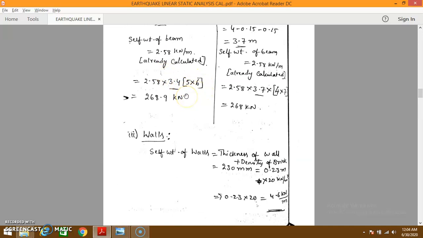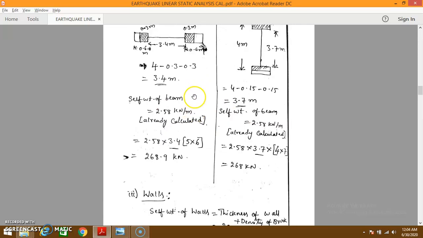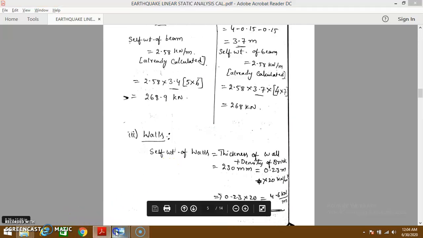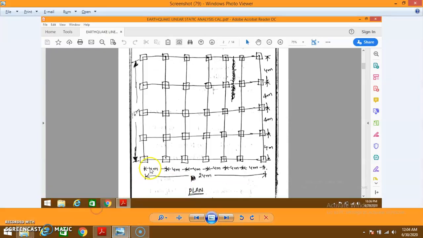That means 6 bays in the longitudinal direction. The walls: 1, 2, 3, 4, 5, 6 walls. How many longitudinal directions? 1, 2, 3, 4, 5, so 5 directions. 5 into 6, same as beams.